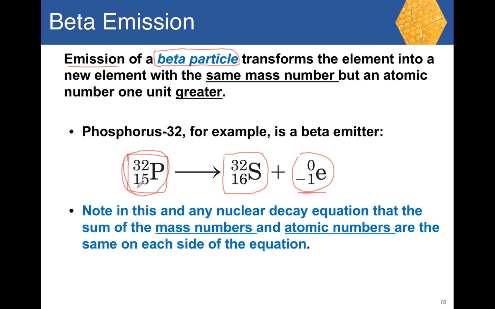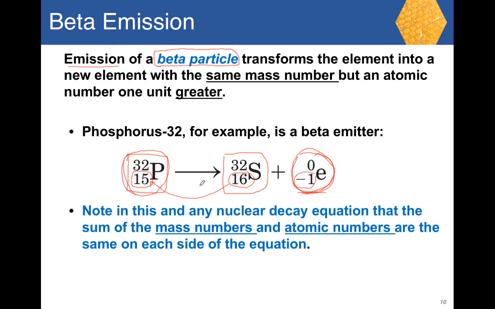Here we have 15 on the reactant side, and we have a -1 that is emitted as the beta particle. So -1 and 16 is equal to 15.